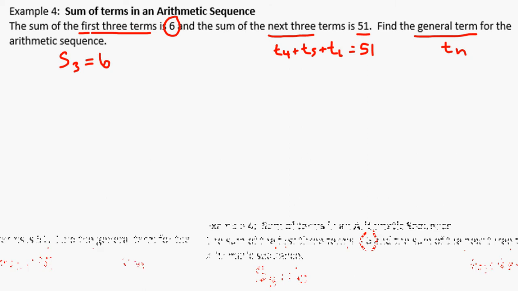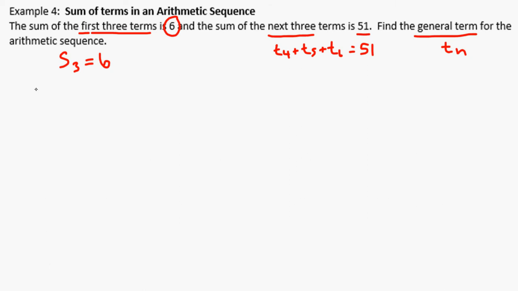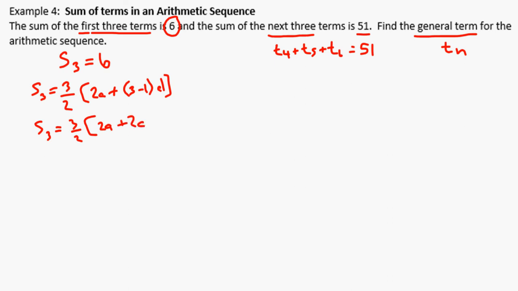All right, so equation here, I can definitely make this because I know S3 is equal to, n is 3, so it's 3 over 2, bracket, 2a plus 3 minus 1 d. So S3 is equal to 3 over 2, bracket, 2a plus 2d.